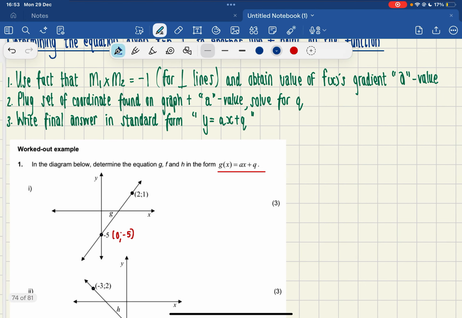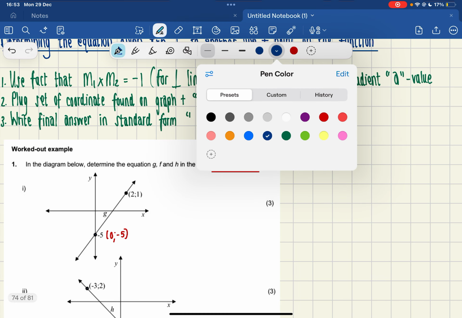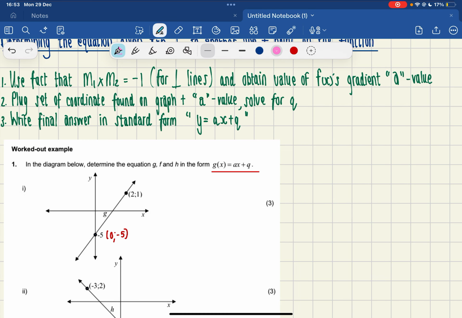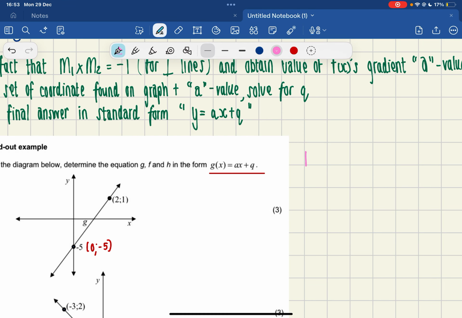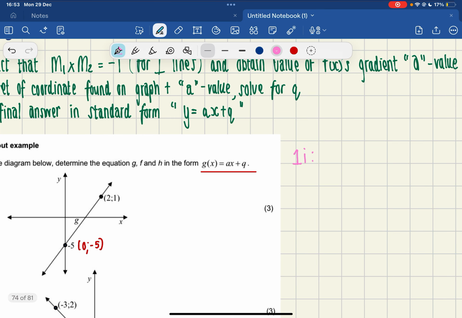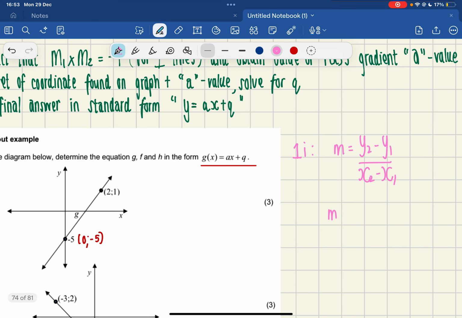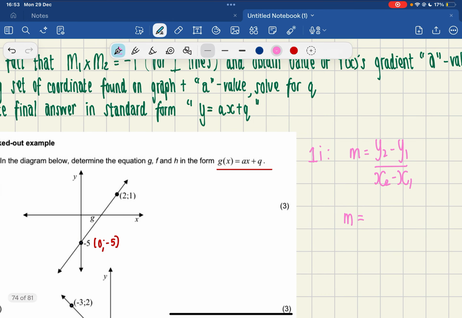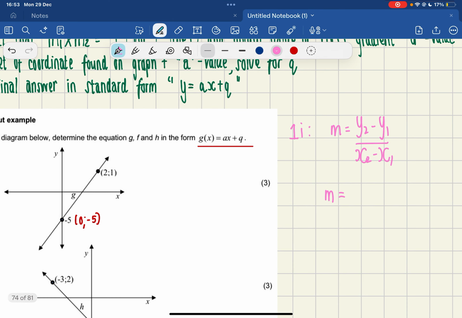So question 1(i). Let me use a different pen for question 1, boys and girls. We'd get the gradient. m is equal to y2 minus y1 over x2 minus x1. Let's make this point 1 and let's make this point 2.